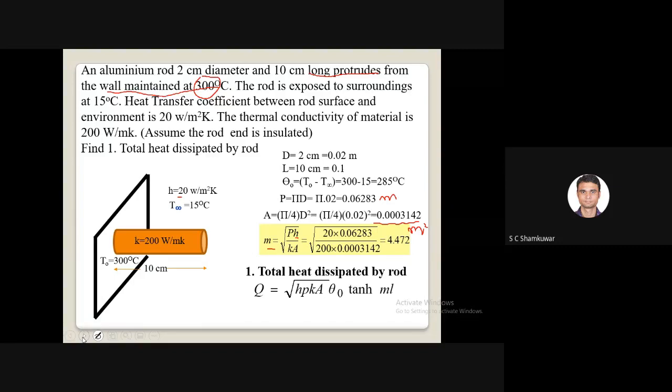Tell me the value of Q. Take calculator. Sir, is it 33.59? In mobile also you have a calculator. 33.59. What is the unit? Unit, 1 second.